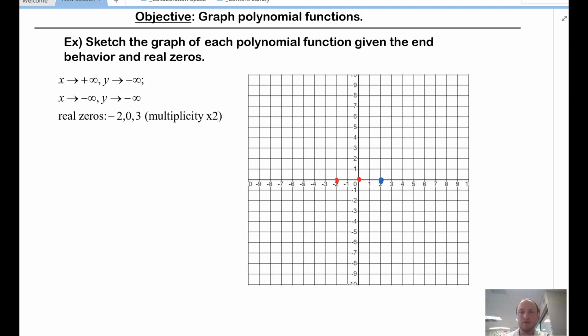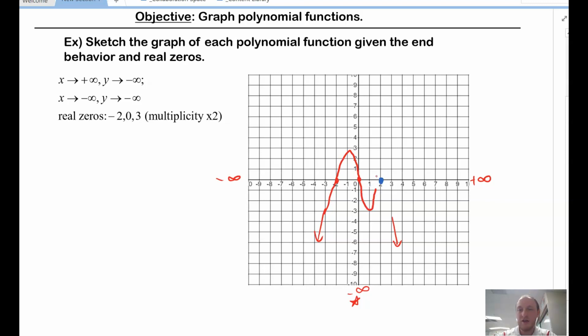As x goes to positive infinity, that's over here, my function is going to negative infinity, so I'm going down. As x goes to negative infinity, as I go this way, my function is also going down. So both my end pieces are pointing down, and now I'm going to draw and curve through my zeros.